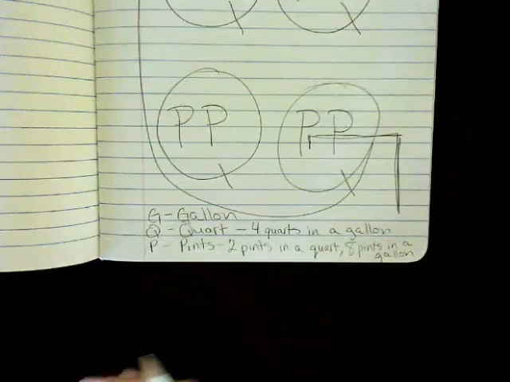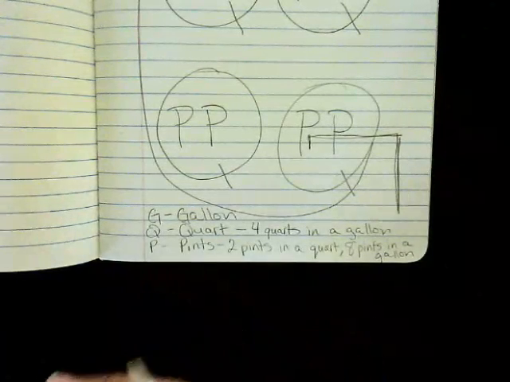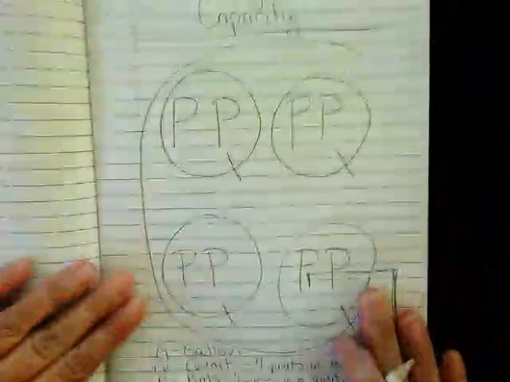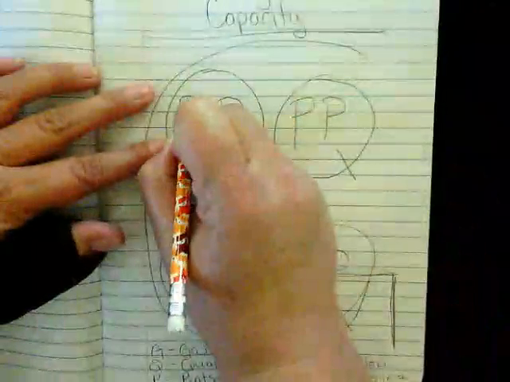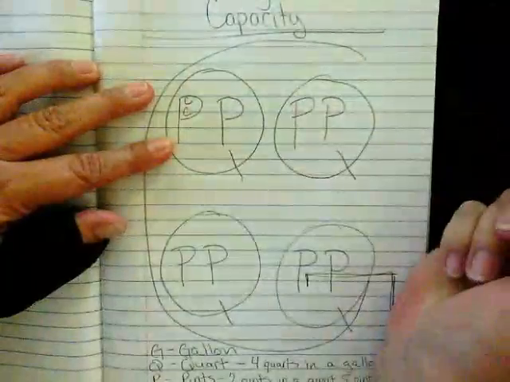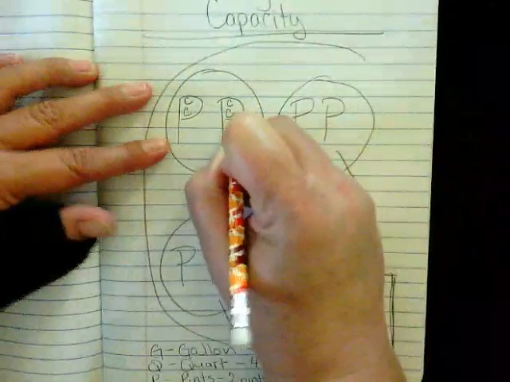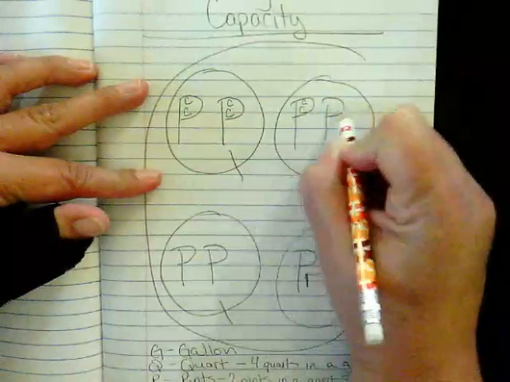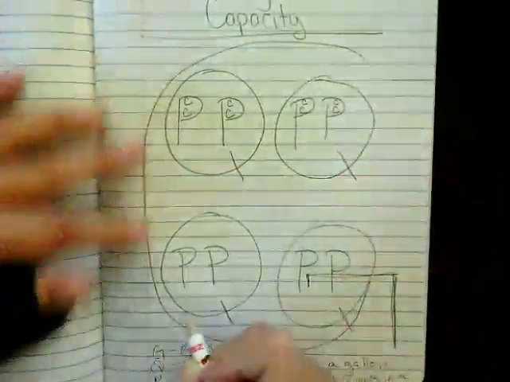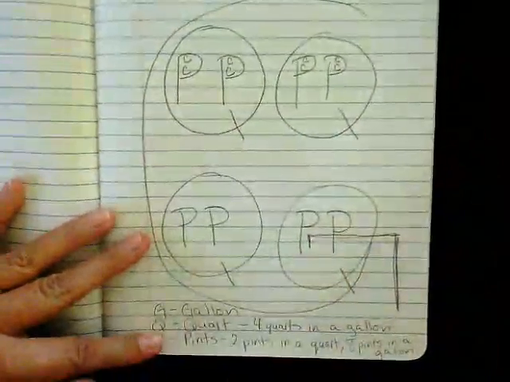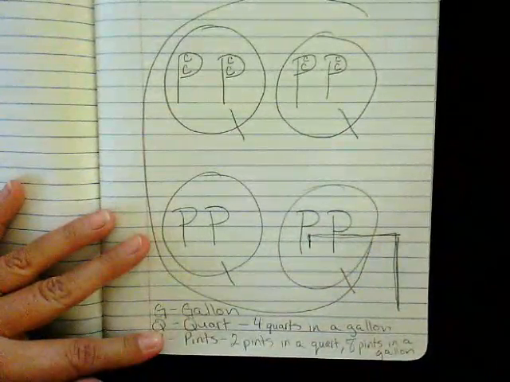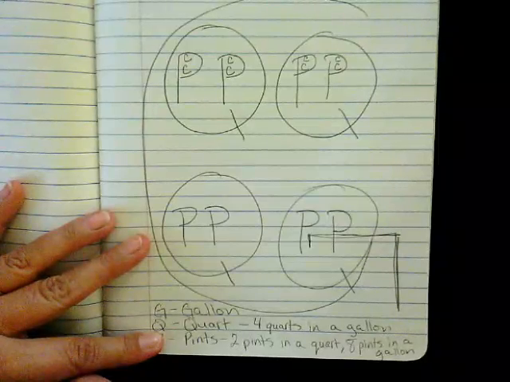But we have one more measurement that we need to do. Cups. How many cups were in a pint? That's right. We had 2 cups in a pint. So in each one of these, I need 2 cups. I forget what it said in the land of gallon video, but we're going to say that each prince and each princess had 2 cats.